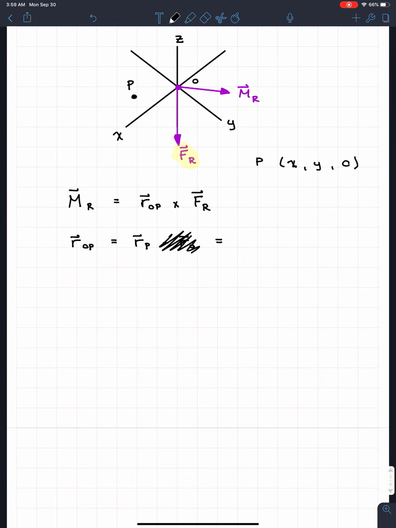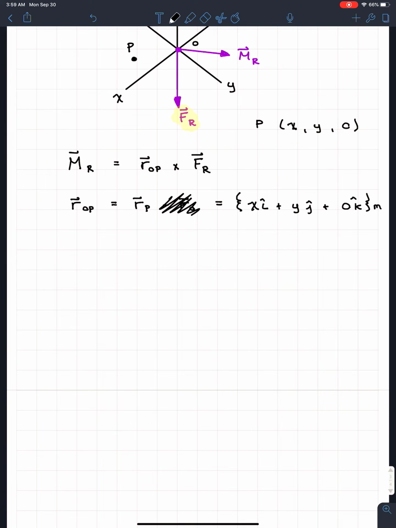And this is going to be equal to x in the i direction plus y in the j direction plus 0k. And I'll have units of, let's say, meters. Why not? All right, so now we can start our cross product.